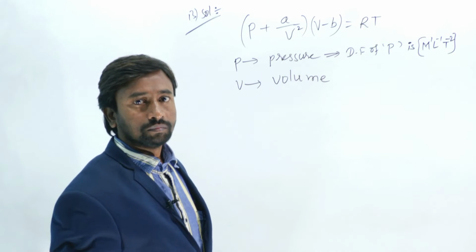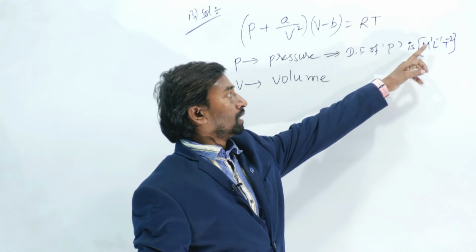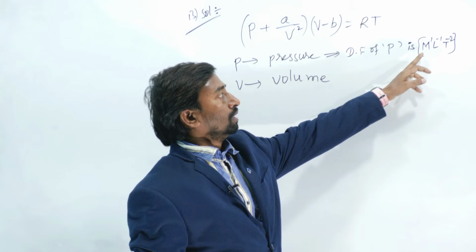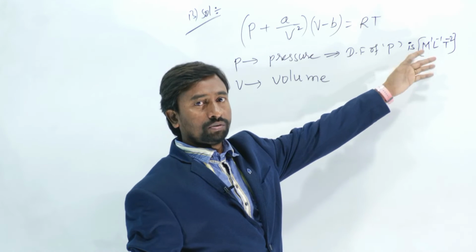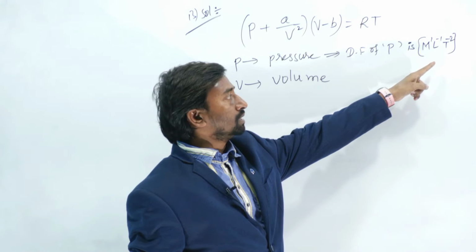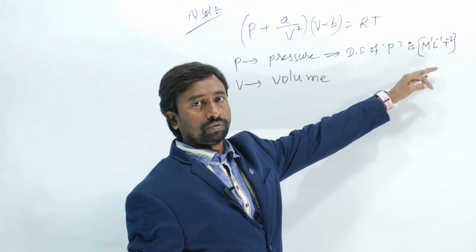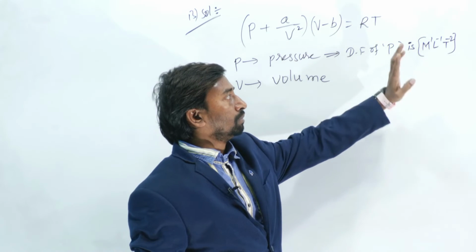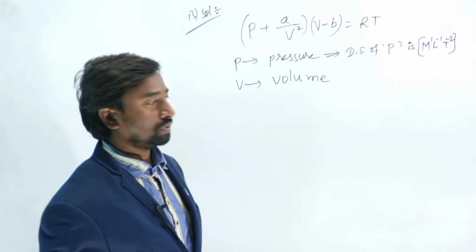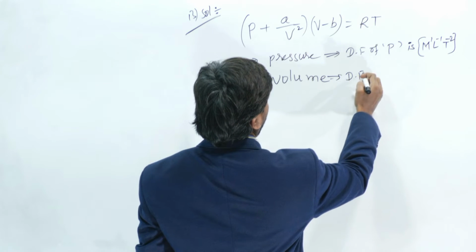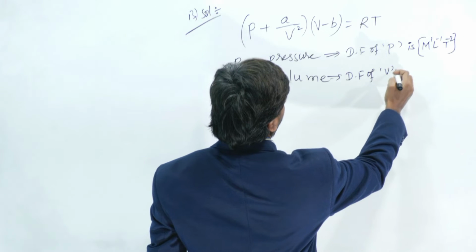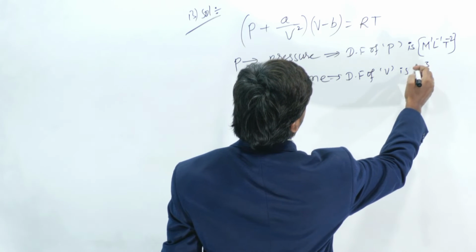Understood? Because Newton is M power 1, L power 1, T power minus 2 divided by area, and area is L square, so it becomes L power minus 1. And the dimension formula of volume V is L cube.